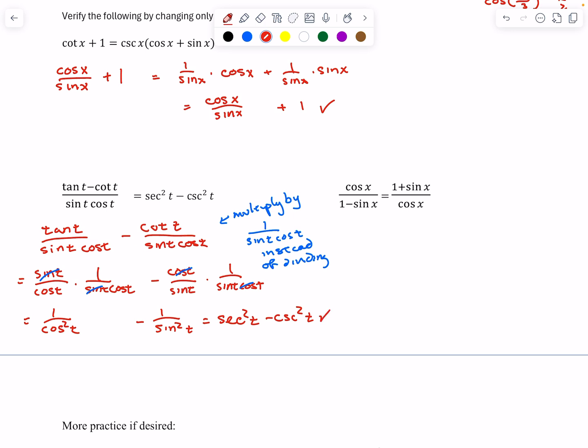Okay, what about this one? This one is really kind of, remember that, take advantage of this. So I'll take the left-hand side and multiply the top and bottom by 1 plus sine x.